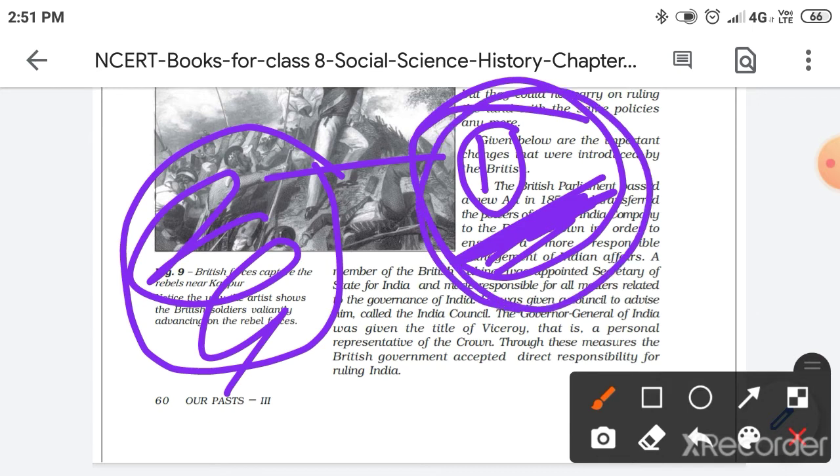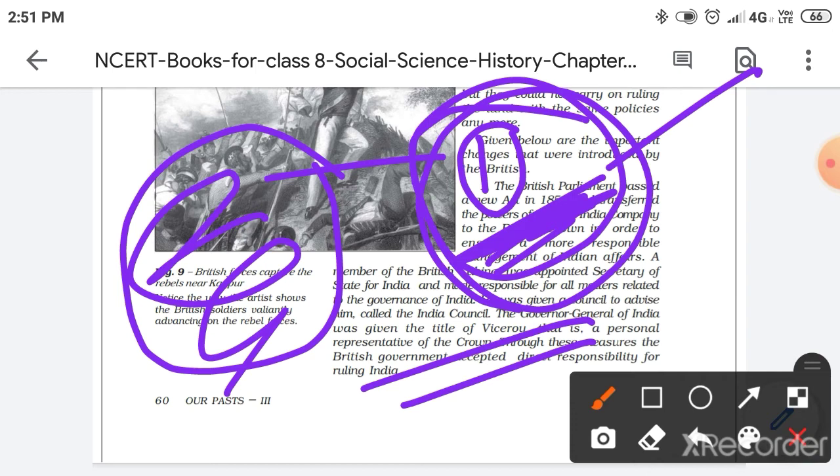The British crown also made a council, so that this council would help the Secretary of State take decisions and advise on making any kind of law or act in India. This council was known as the Indian Council.